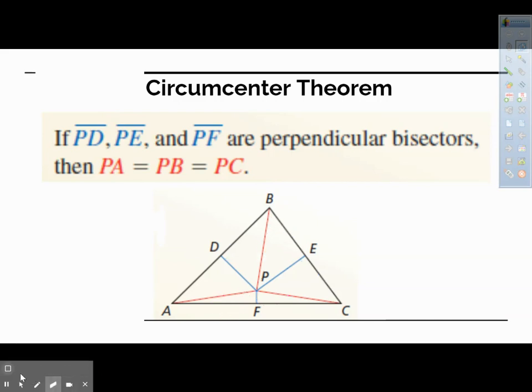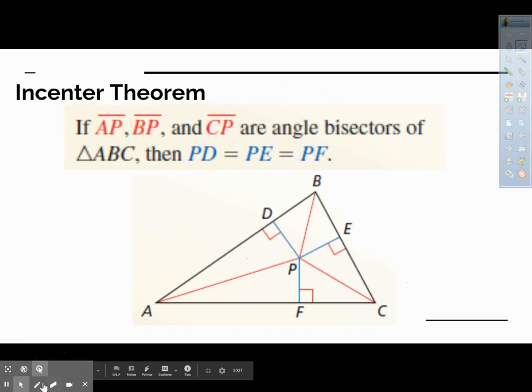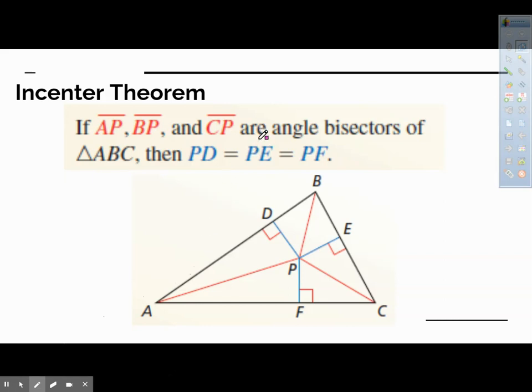All right, and then the second thing we talked about was the incenter theorem. The incenter is where all the angle bisectors meet. It says AP, BP, and CP are angle bisectors. So this line segment here, AP, cuts angle A into two congruent angles.